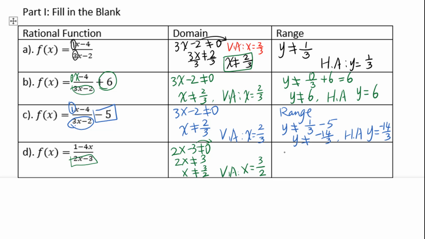For the range, y not equal to, just check the coefficient of x, negative 4 over 2. Negative 4 over 2 equals negative 2. The horizontal asymptote line, y equals negative 2.